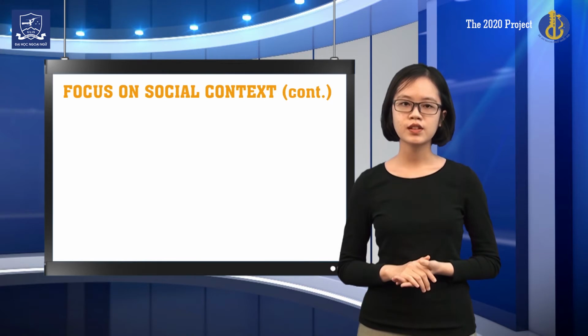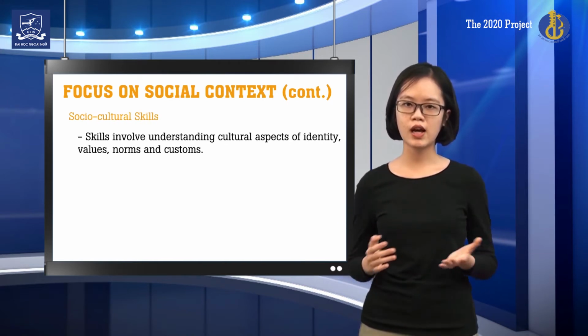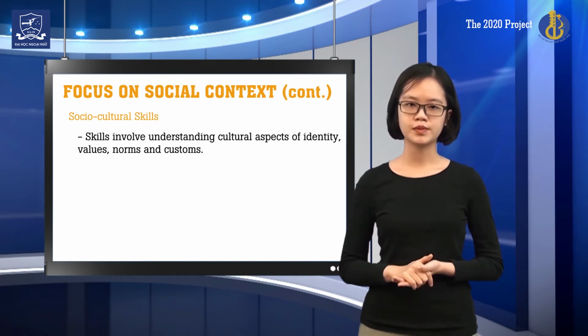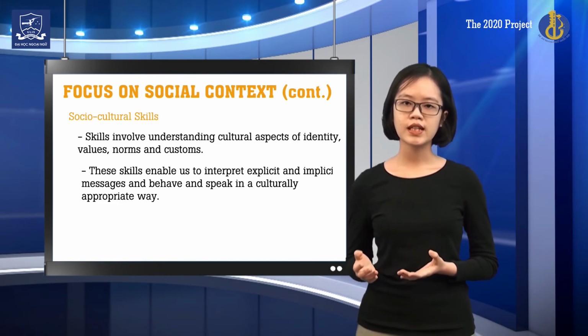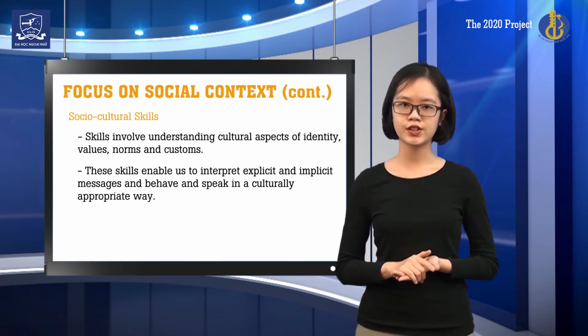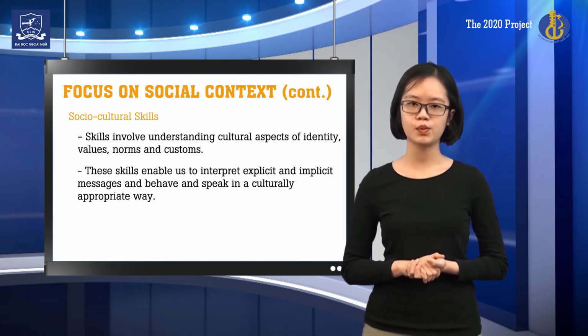Next, it is the socio-cultural skills, which involves understanding cultural aspects of identity, values, norms, and customs. These skills enable us to interpret explicit and implicit messages and behave and speak in a culturally appropriate way.